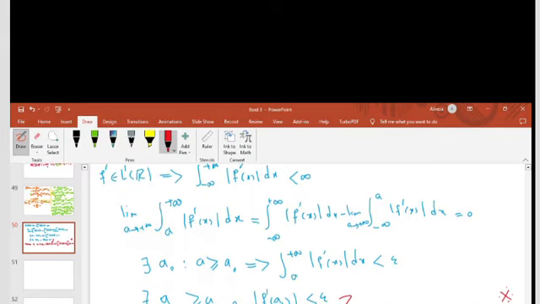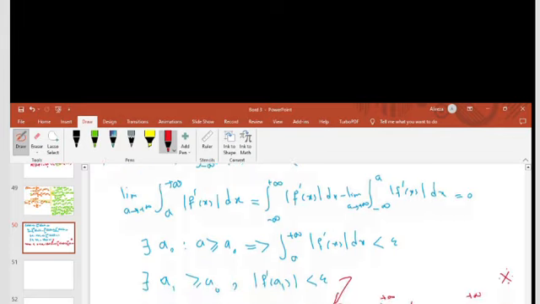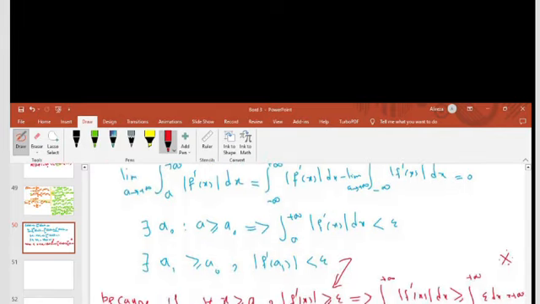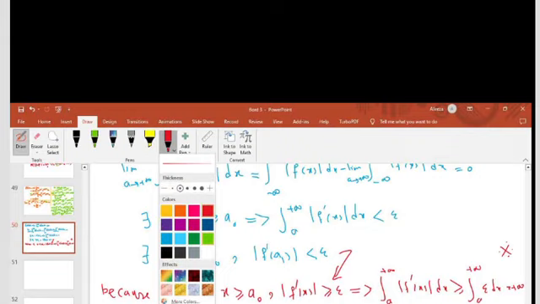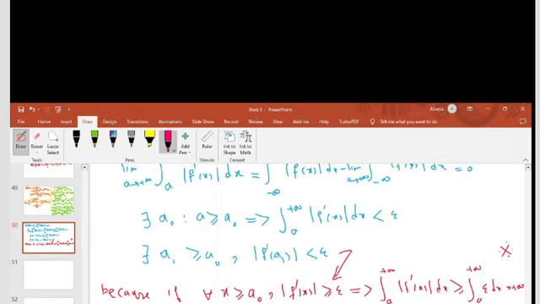So if we consider a set or a1, for example, greater or equal a0, we have these two properties.